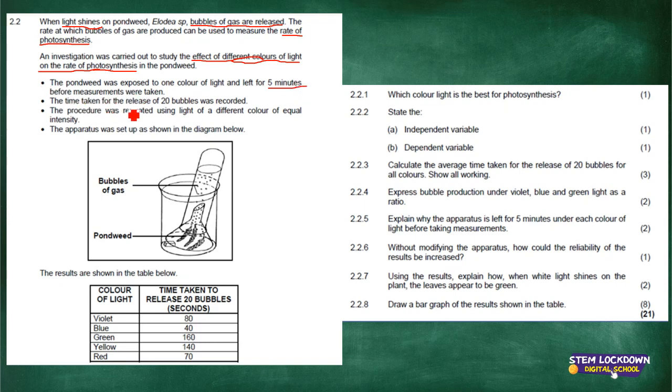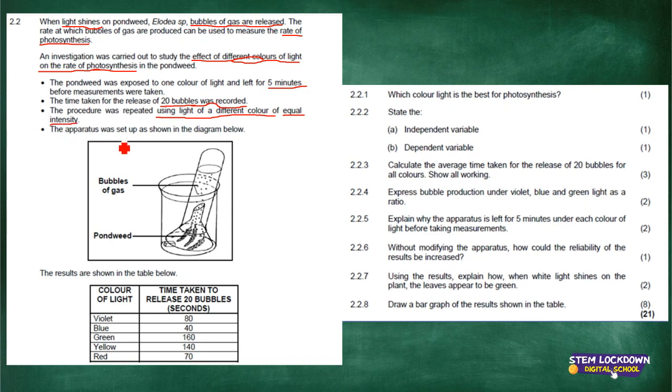The time taken for the release of 20 bubbles was recorded. After 20 bubbles were released, the time was noted, and then the procedure was repeated using light of a different color of equal intensity. Different colors, but equal intensity, that's important.